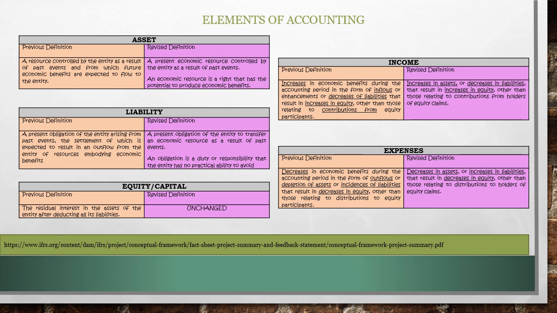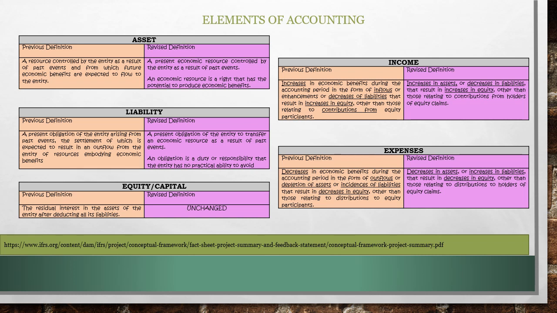So, for the assets, they are resources controlled by the entity as a result of past events, and from which future economic benefits are expected to flow to the entity. So that's the previous definition of the asset.